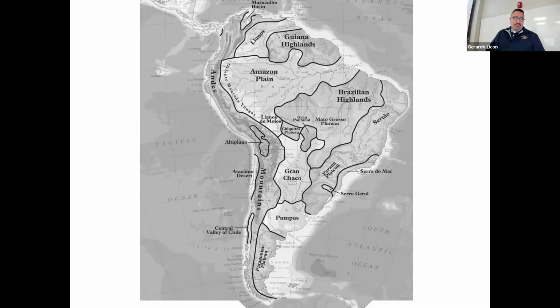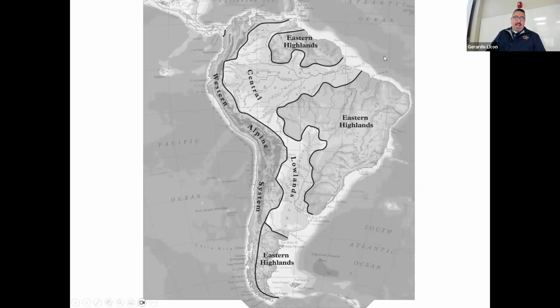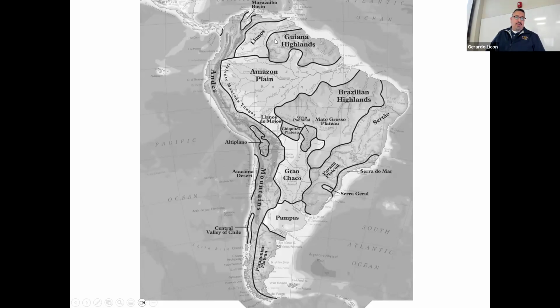So again, the three major structural zones. The Eastern Highlands are three separate entities, each one of them with their own name: Guiana, Brazilian, and Patagonian Plateau.